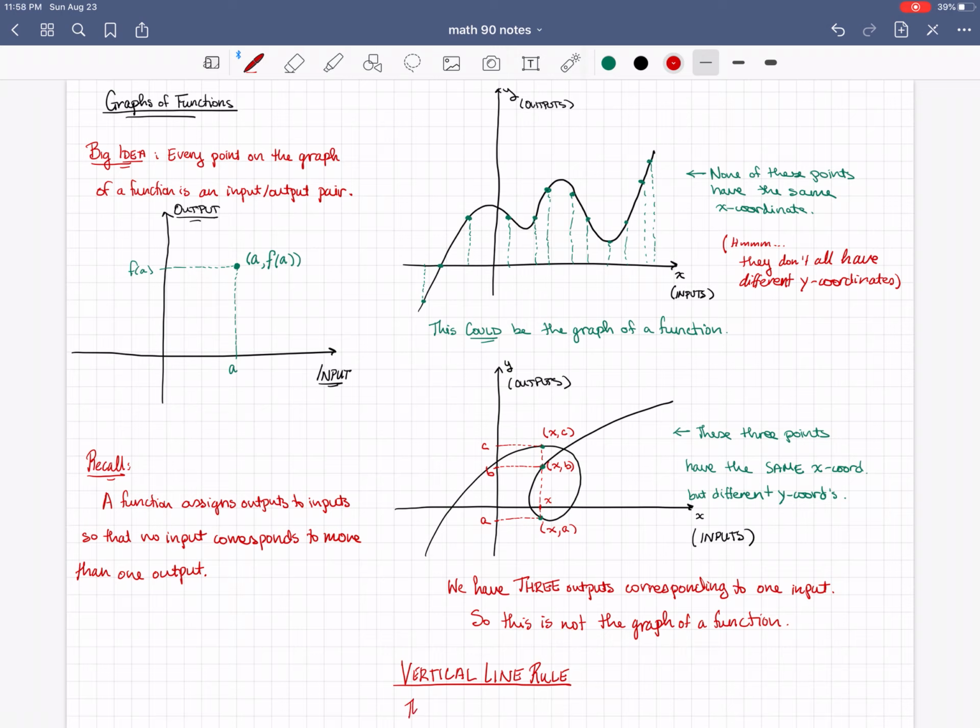the graph of a function cannot intersect any vertical line more than once.